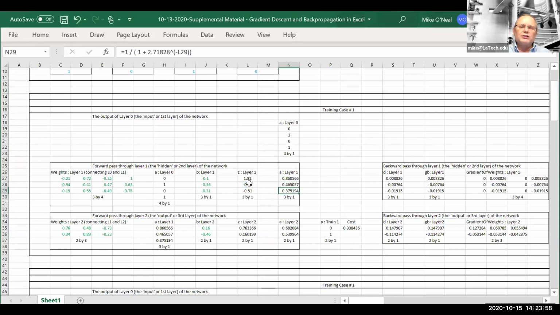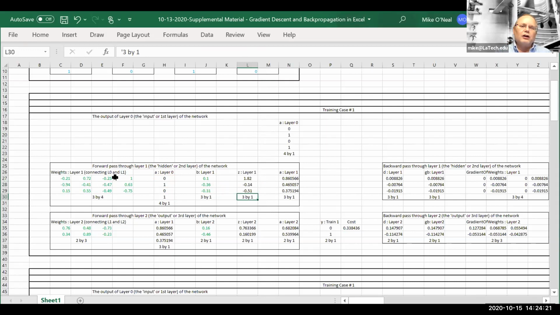That Z was the second row of weights times the inputs plus the bias, and the third one will just be the third row of weights times the inputs plus the bias. This is a very good way of helping you get a feel for actually seeing how these equations are working, right?